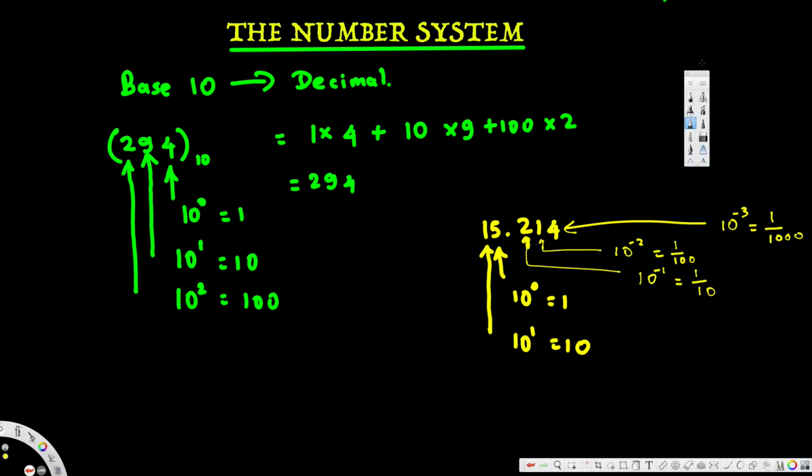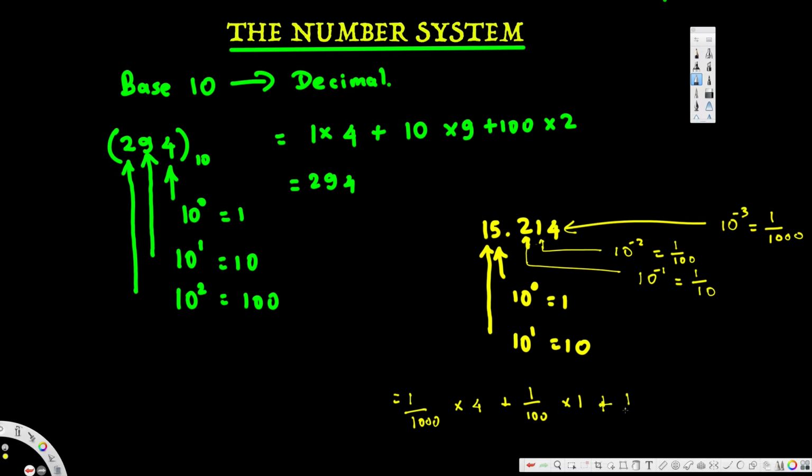Now let's go ahead and calculate this value. Let's start from the back. 10 power negative 3, that is 1 over 1000, times 4, plus 1 over 100 times 1, because we have 1 in that place, plus 1 over 10 times 2, plus 5 times 1, because 5 is in the first place, and then 1 times 10.